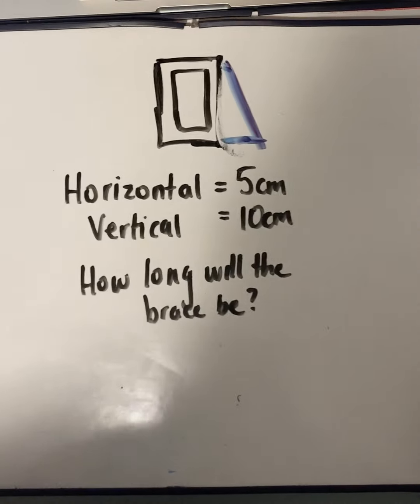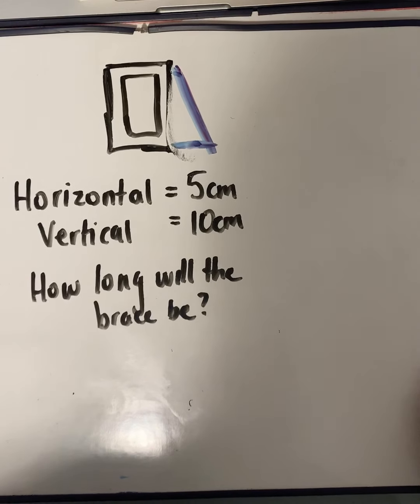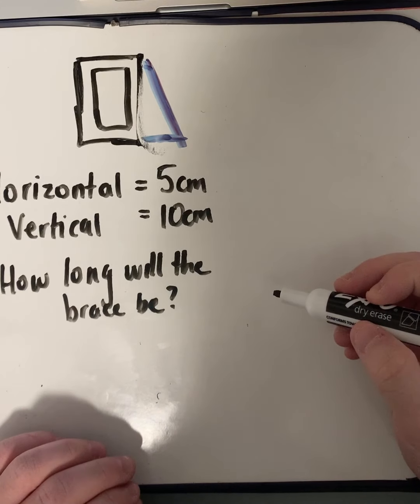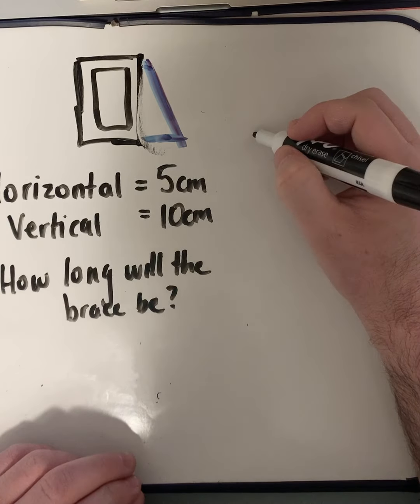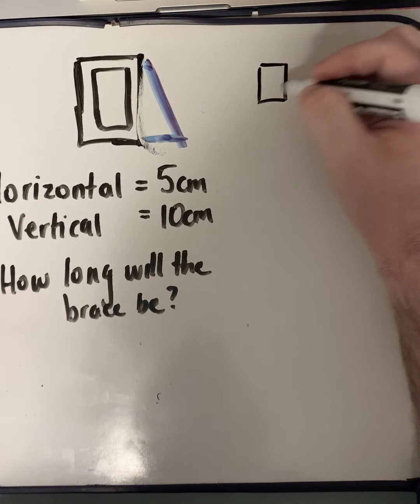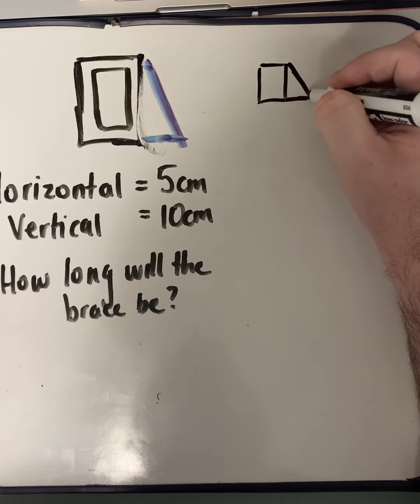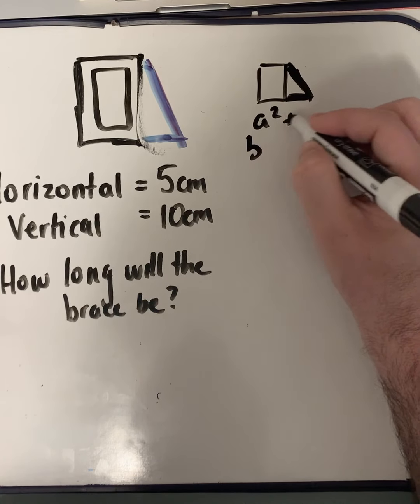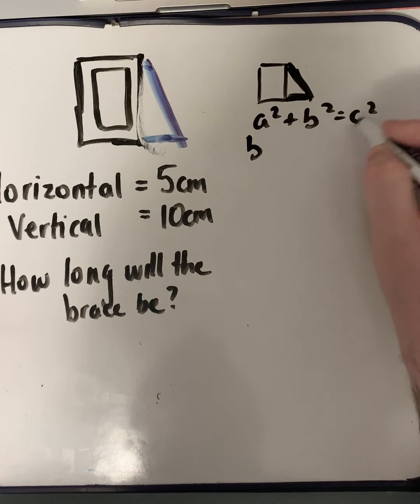Okay, so you're back. Hopefully you were able to come up with a correct solution. So let's take a look here. We know that what he's creating is this picture frame's base and brace that's going to hook on. So we know that it's a squared plus b squared equals c squared.